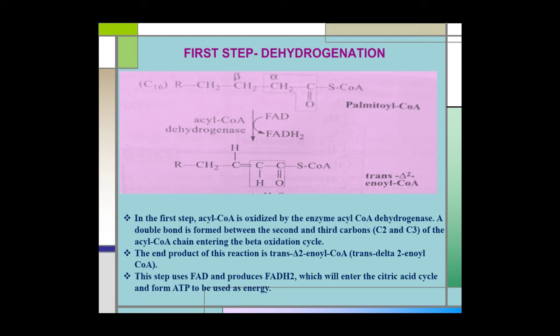The end product of this reaction is trans delta 2 enoyl CoA. This step uses 1 molecule of FAD and produces FADH2, which will enter the citric acid cycle and form ATP to be used as energy.